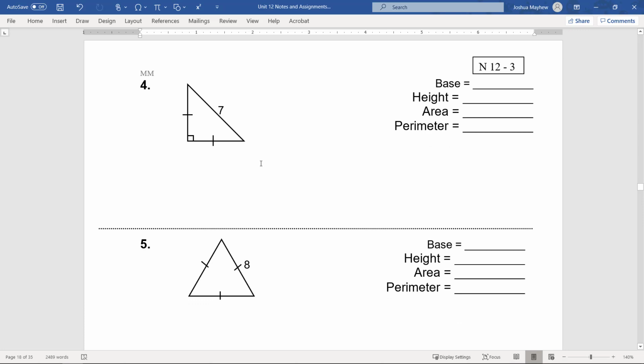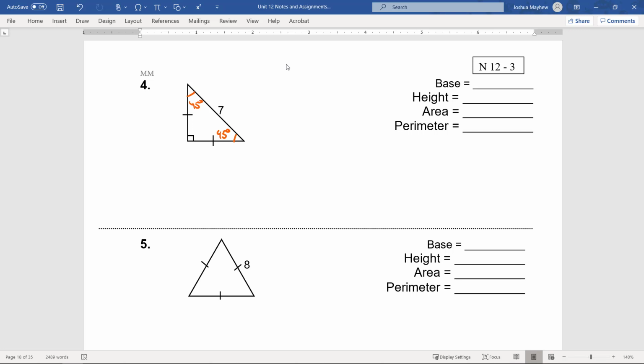All right. Now, with an isosceles triangle, there's another trick. Okay, isosceles right triangle. Since these legs are congruent, then these angles are also congruent. Therefore, it's a 45, 45, 90 triangle.